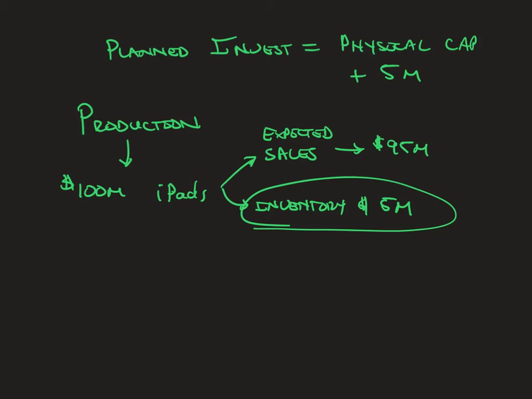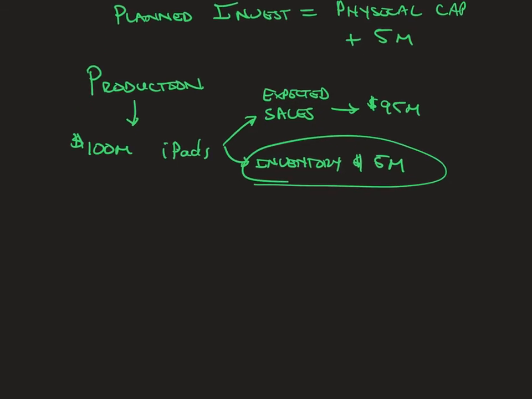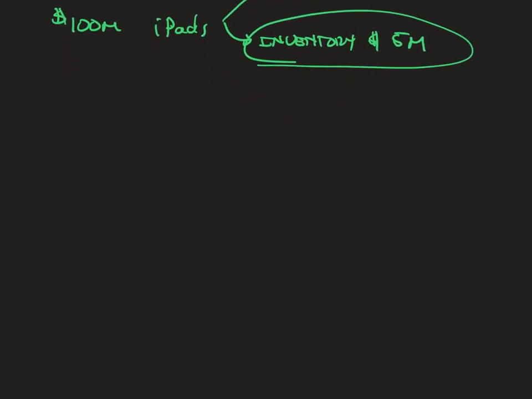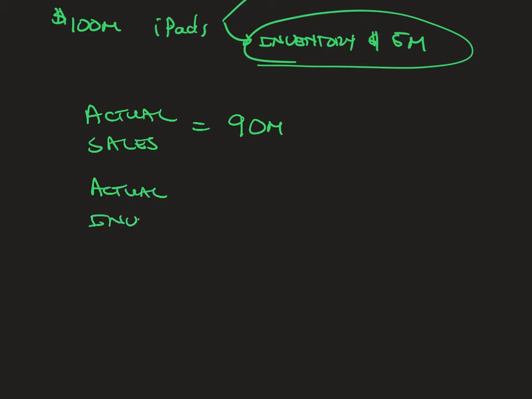But suppose, right, instead of expected sales being 95 million, suppose actual sales turn out to be only 90 million. So Apple's going to find actual inventories not 5 million, but 10 million.